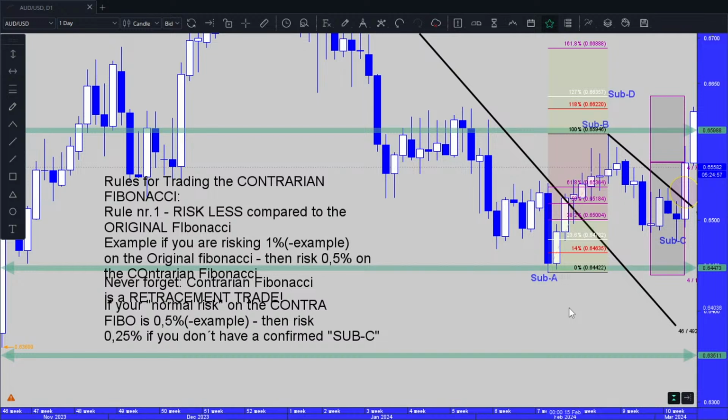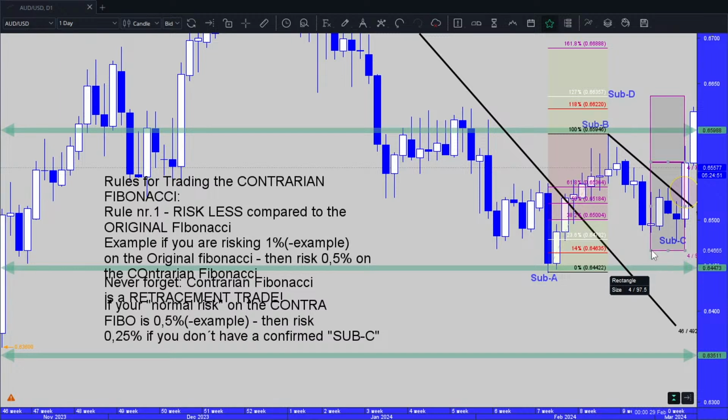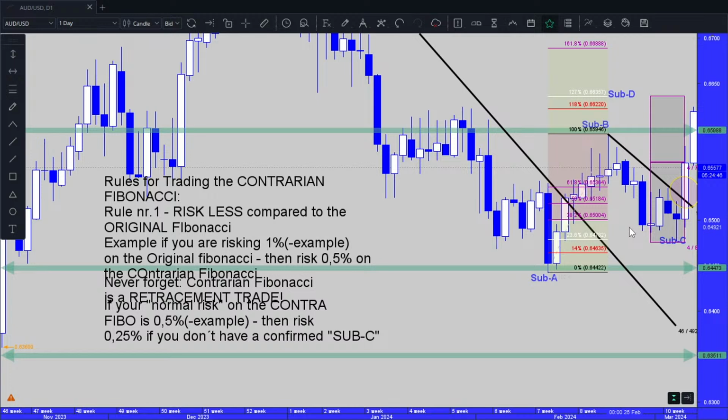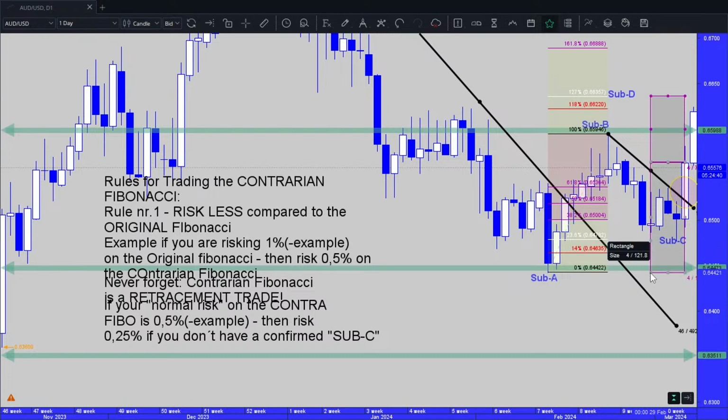There is no right or wrong. No, it doesn't, right? So what can we do? We can put the stop loss below the sub-C, right? It's an option. Boss, but you said that it's safer to go below the sub-A. Yes, this is true. This still stands.